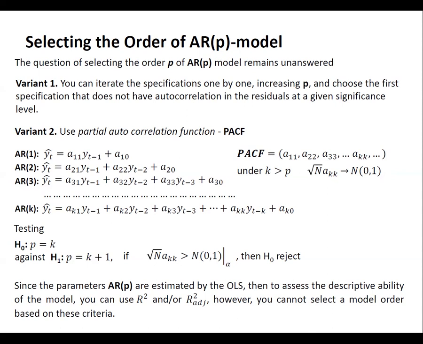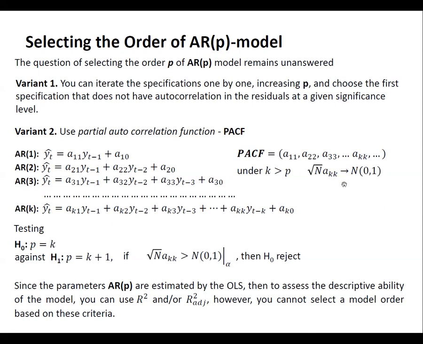Using this property, the partial correlation function allows us to test the null hypothesis H0 that the optimal order P of the process AR(P) corresponds to a certain order K.